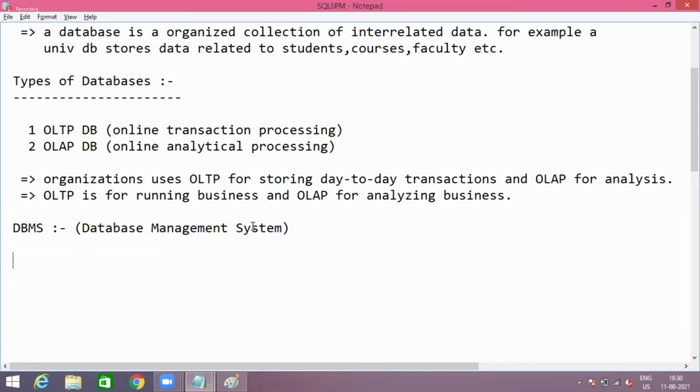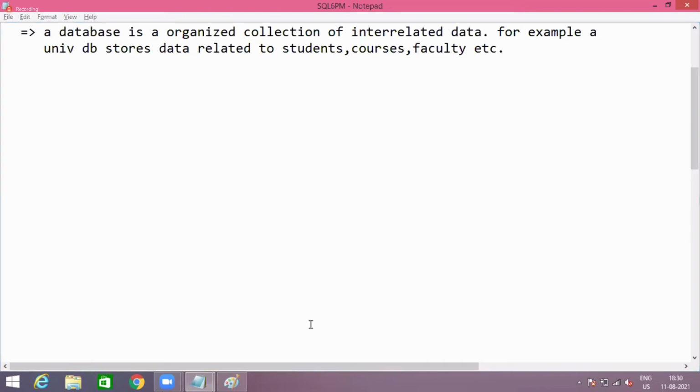Before going to the actual course, if you know this terminology, it is good, because in real time, if you go through some documents, you come across these words. If you don't understand them, it is difficult to understand the business requirements.